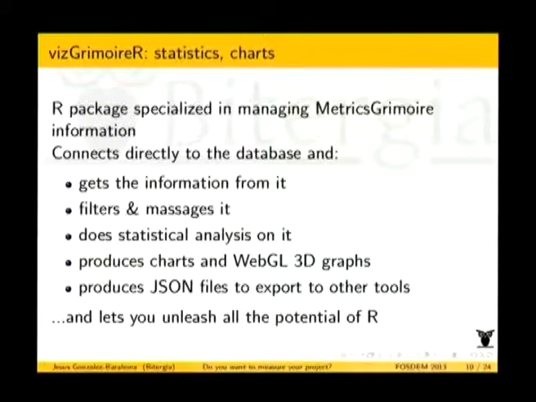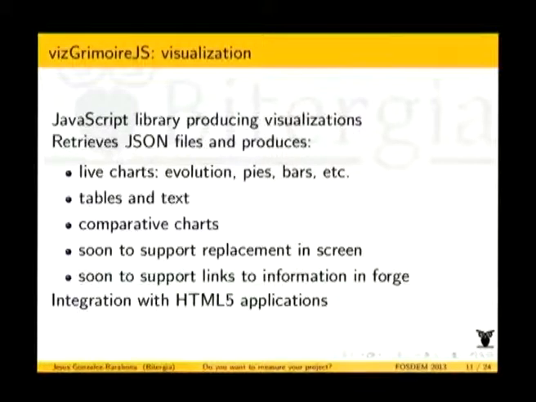So in many cases, the complete tool chain is: get the information from the repositories with Metrics-Grimoire, analyze it with vizGrimoire R, produce JSON files, and visualize the JSON files with vizGrimoire JavaScript, which is the next and last package I'm going to introduce to you. vizGrimoire JavaScript is just a set of scripts, mostly on top of Flot and things like that, that produce some visualization of the data.